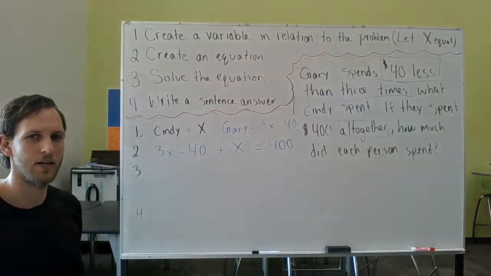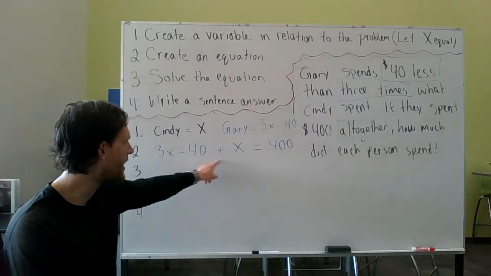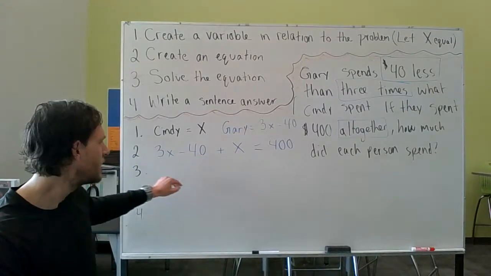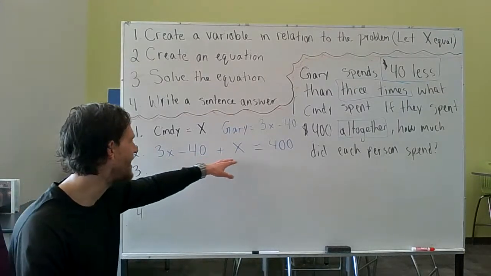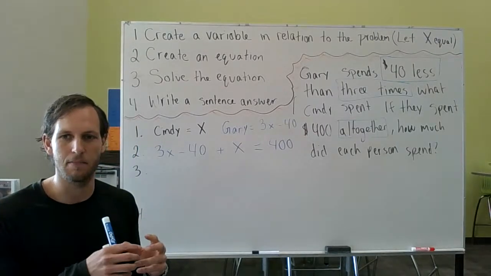So this is where it gets a little bit tricky. Now, here's an equation that we have looked at in the tips and tricks. If we have 3x and another x, we can put them together. We can add like terms.